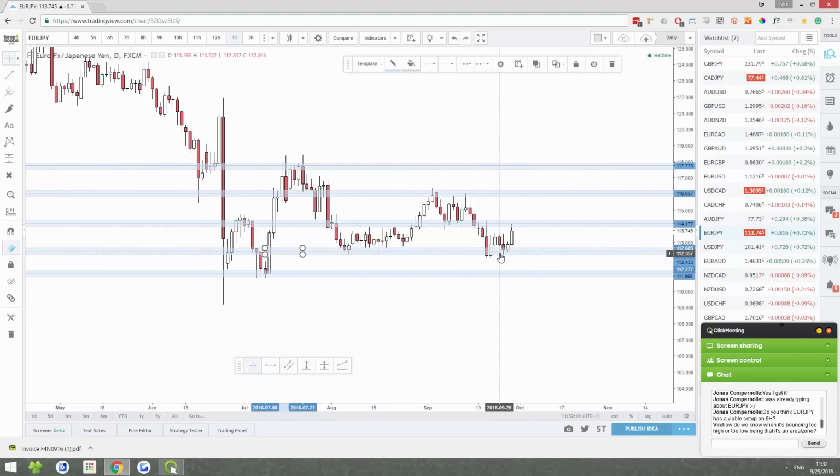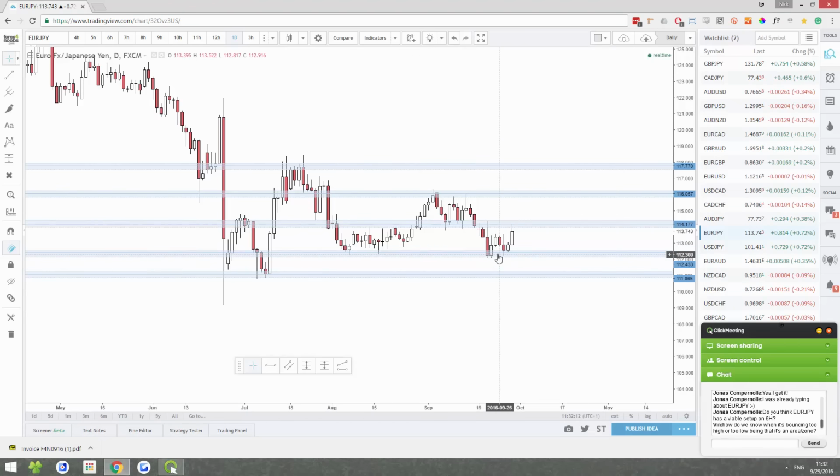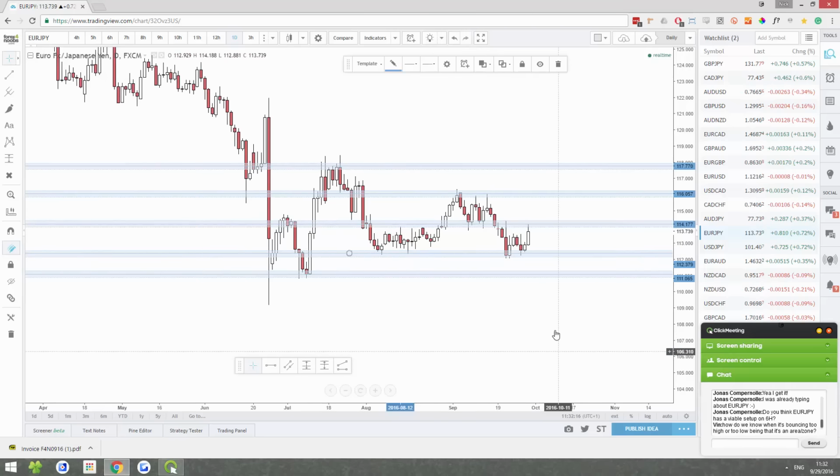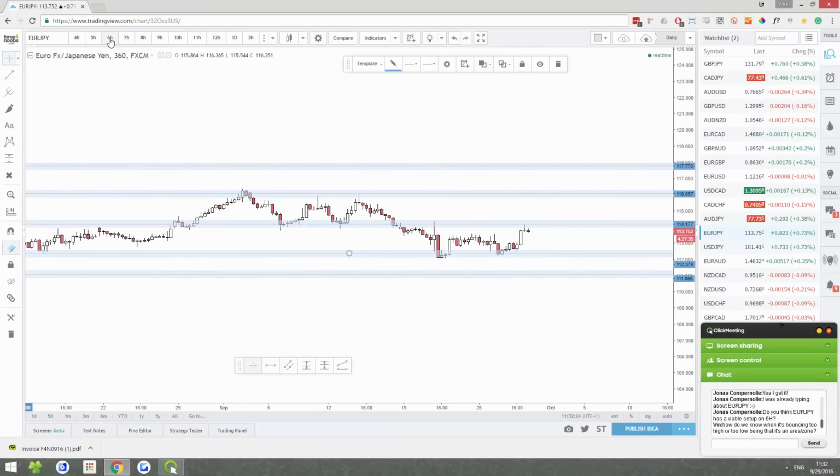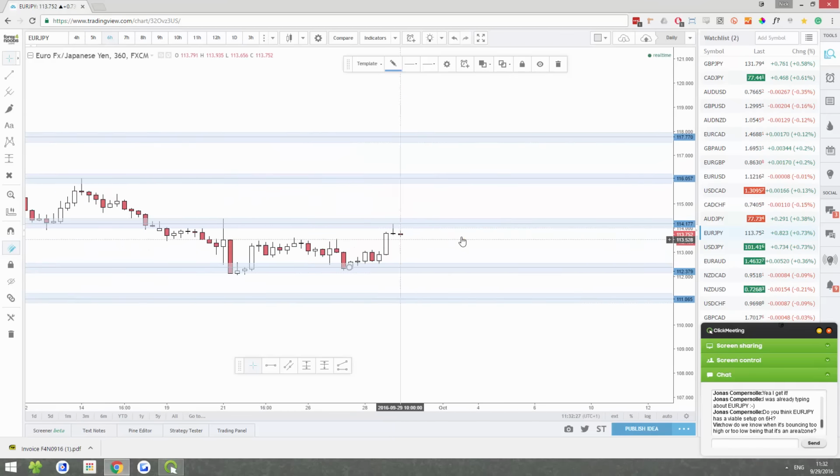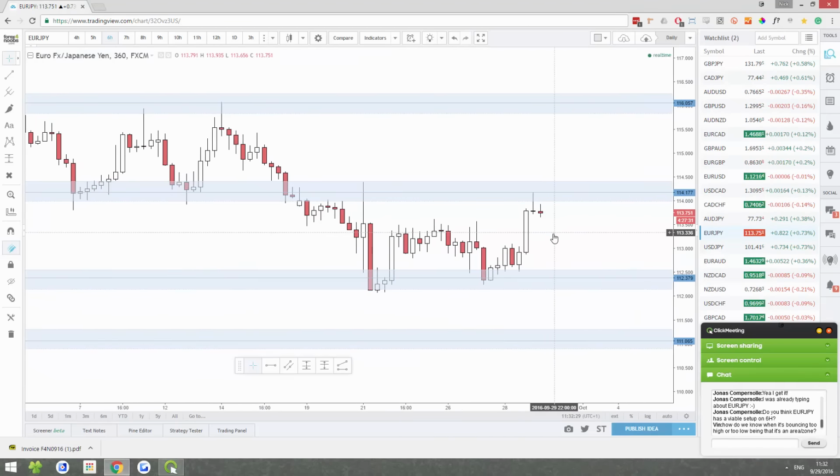Pull this one down a tad because recent bounces were from a bit lower. This one's okay. All right, so our 2 support resistance areas look good. Let's go back to the 6 hour and let's check this one out.